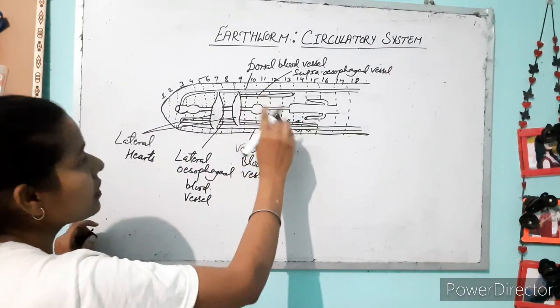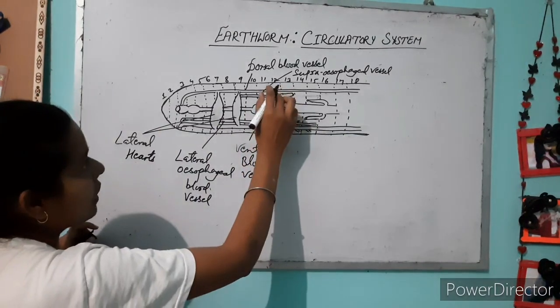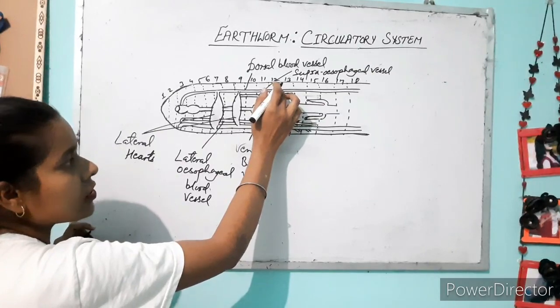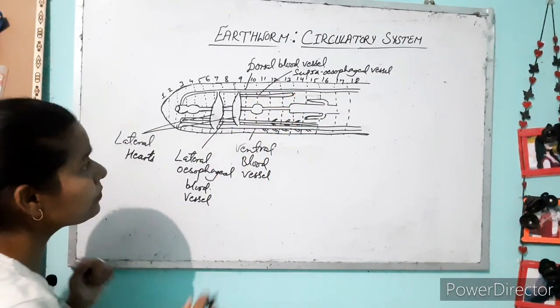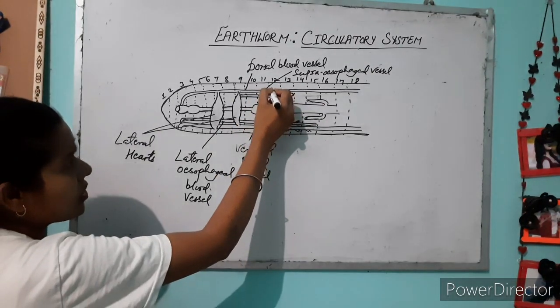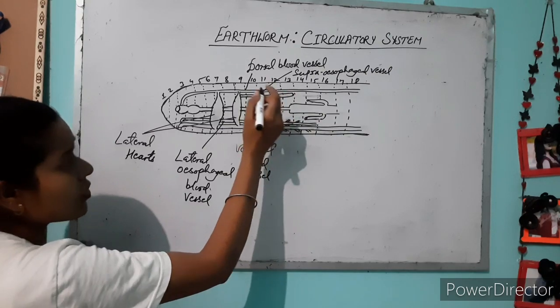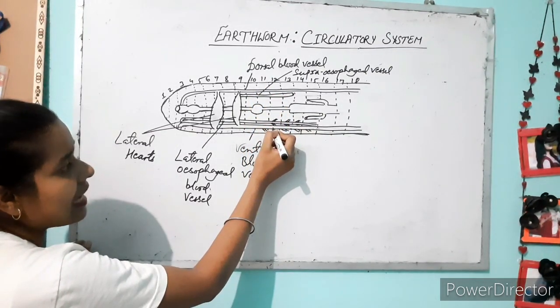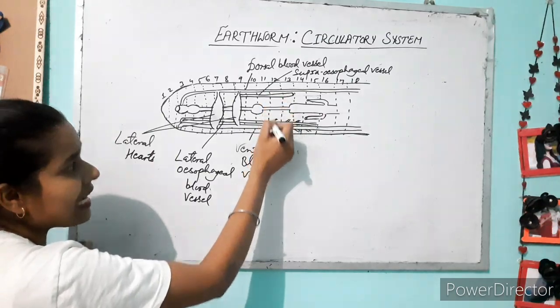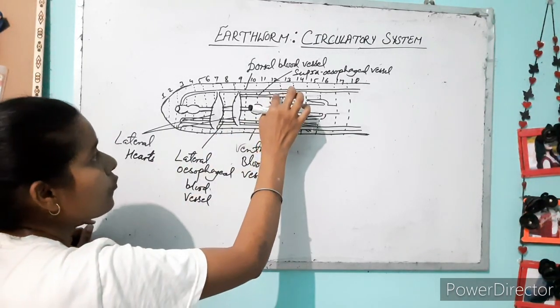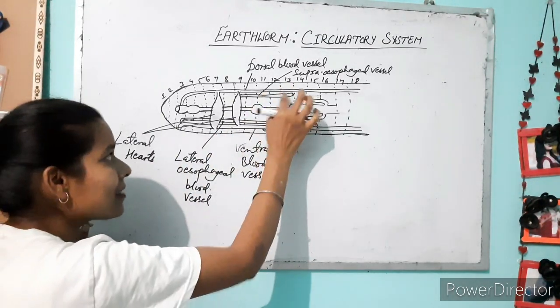These three tubes, the dorsal tube, the supraesophageal tube and the ventral tube, will all attach with each other in the 12th segment and 13th segment.